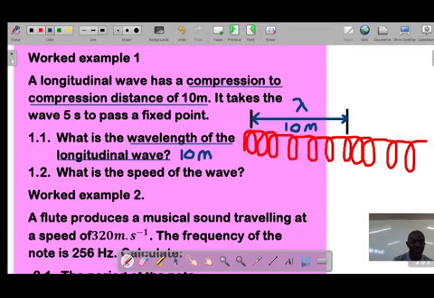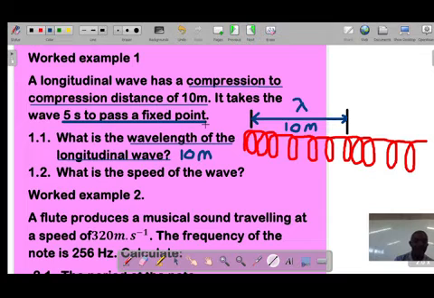Okay, now they ask, what is the speed of the wave? They said that it takes the wave 5 seconds to pass a fixed point. What does that represent?